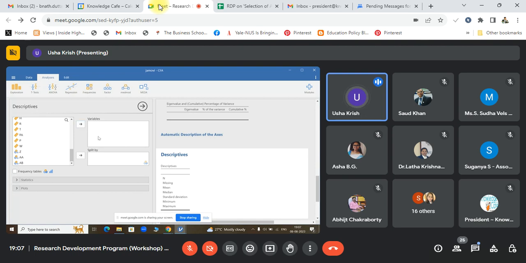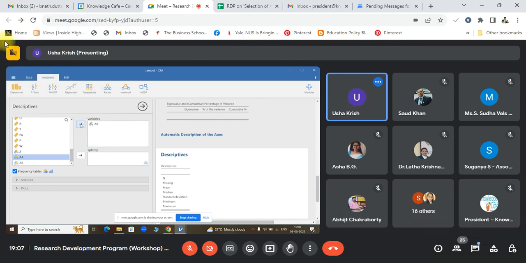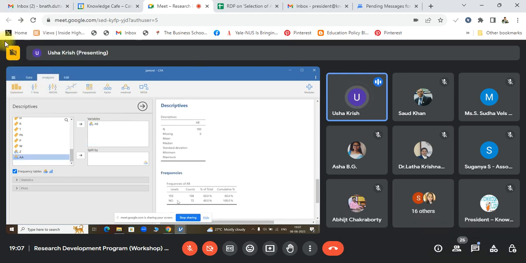Here, I have to transfer the required data. If I transfer, this side you get the output. Now, I want to calculate the frequency table. Activate that. Now, transfer the data into the box. So I will do that. AB. If I transfer, see, we got it.